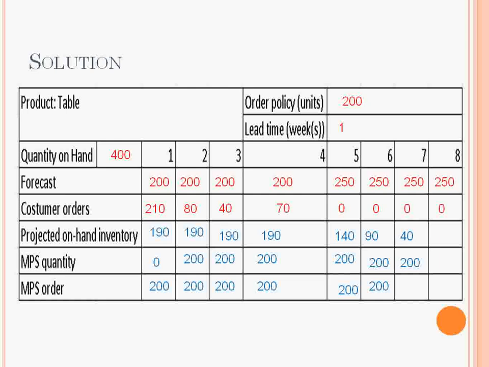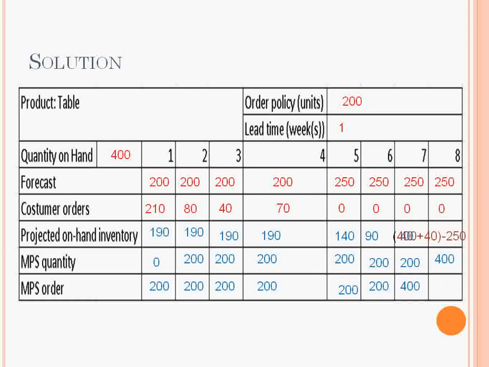There is a demand for 250 in the last week, so if we order 200 tables, there would be a lack of tables in the last period. Consequently, we must schedule an order for 2 series that contains 400 tables. 400 tables arrive by the beginning of the last period, so we will have 440 before any transactions are made.